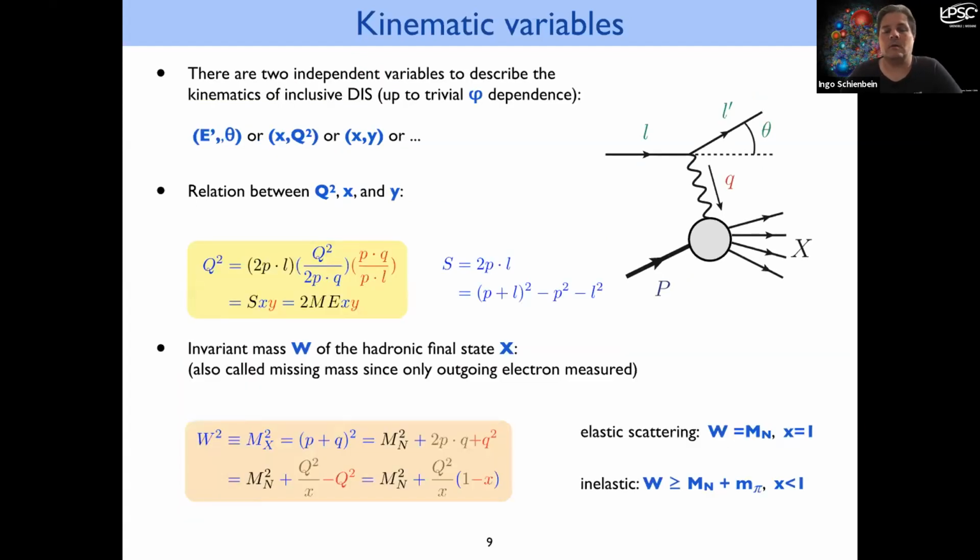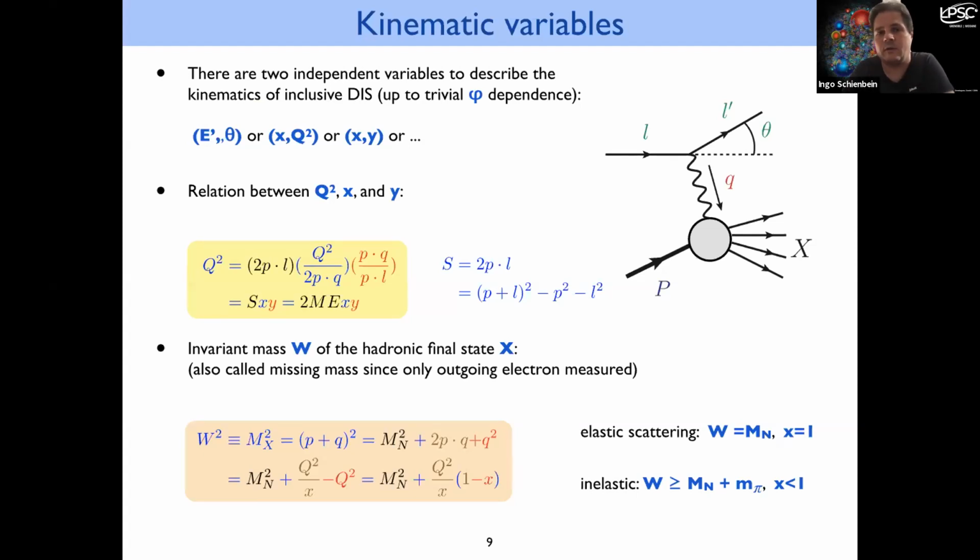So there are essentially two independent variables to describe the entire kinematics of inclusive deep inelastic scattering. We have the outgoing lepton l prime, so we have three degrees of freedom, the three-momentum of the outgoing lepton.